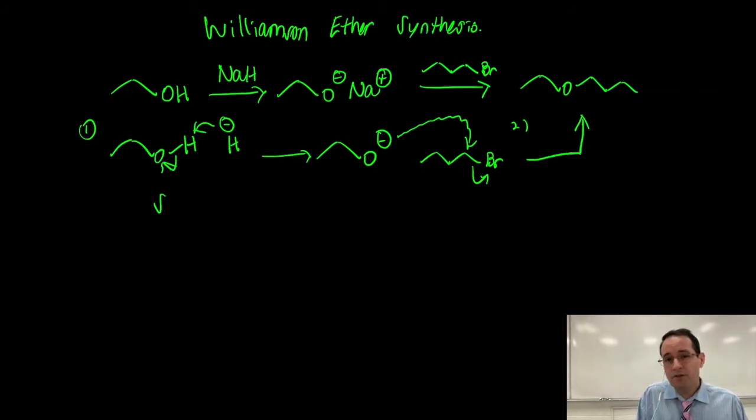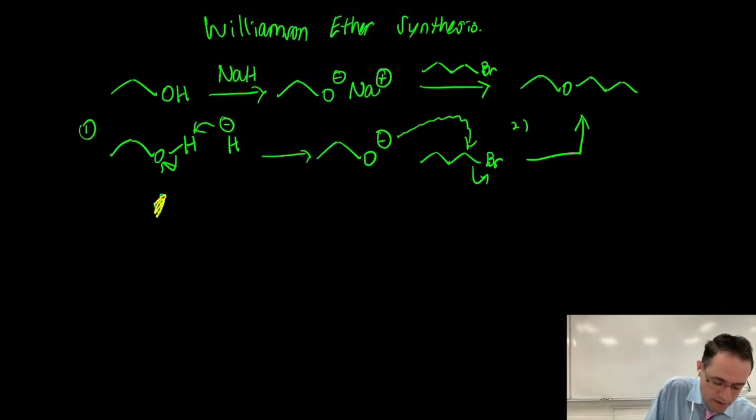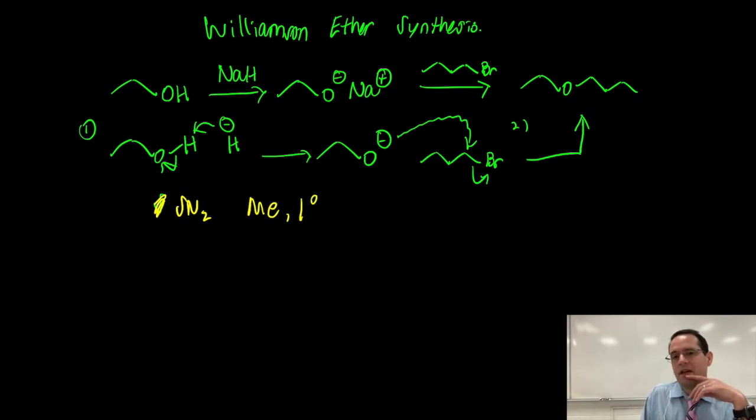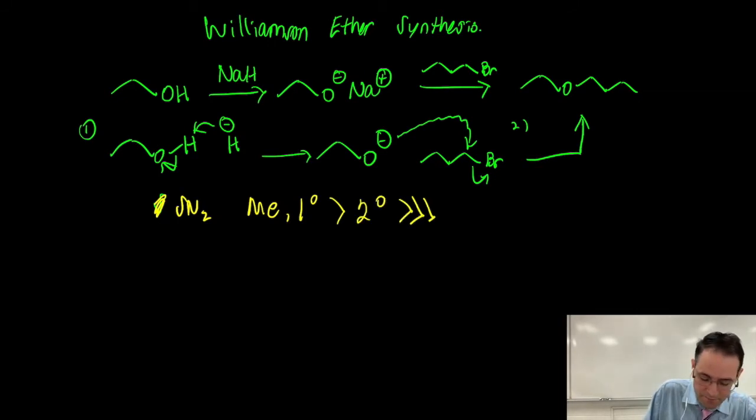Now, the thing to remember is that for SN2 reactions, methyl and primary alkyl halides react most efficiently, better than secondary, okay? And definitely, we don't want to try any substitution reactions on tertiary, okay?